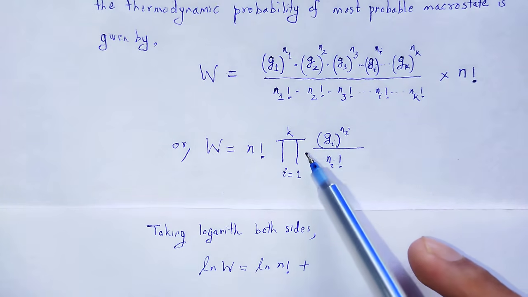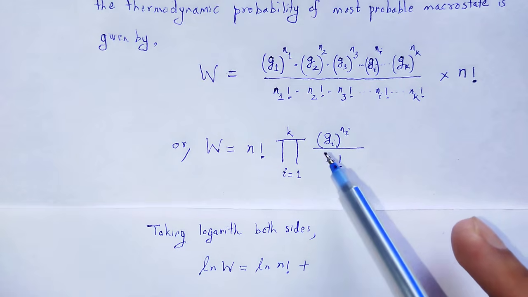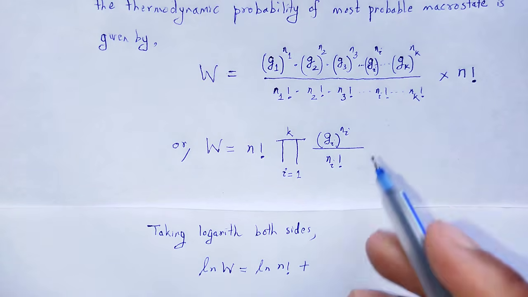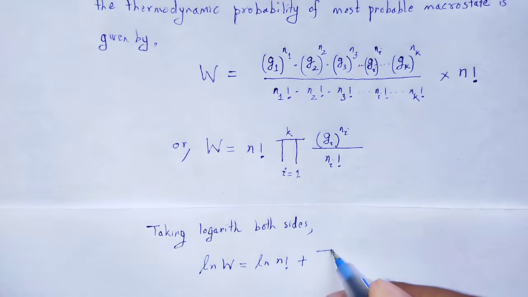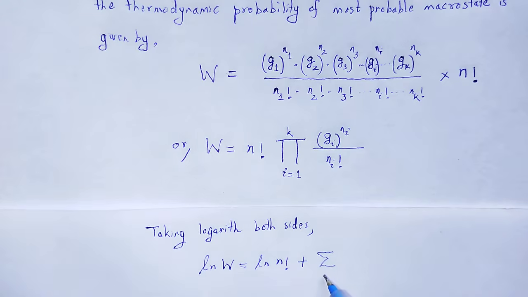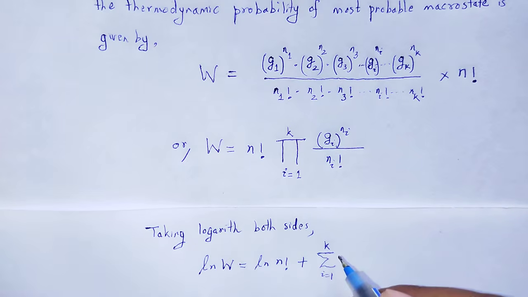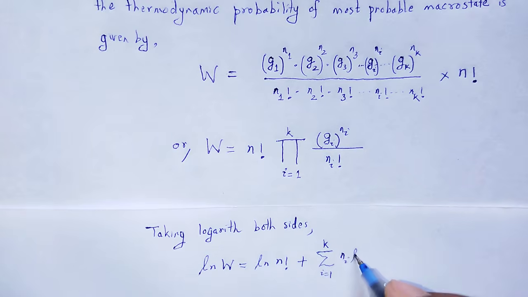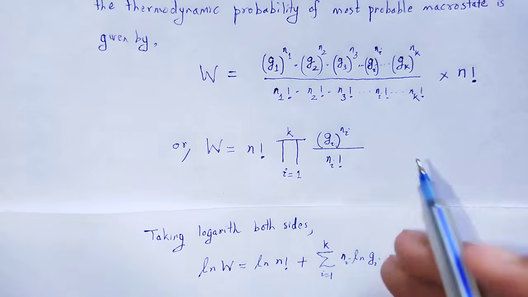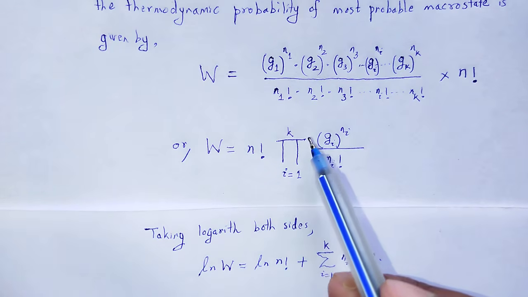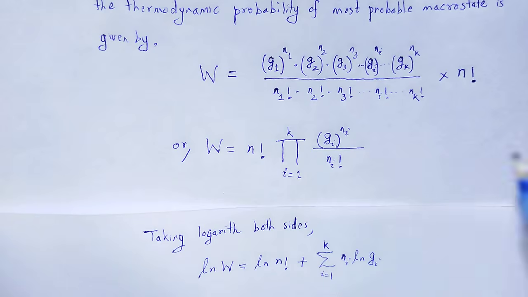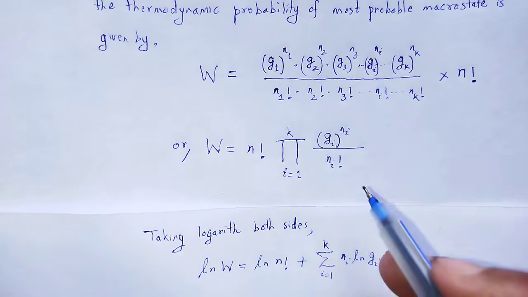Now this is ln A by B, ln A minus ln B. So that term is written as, it is changed to summation i equal to 1 to k Ni ln Gi, since ln A to the power n is n into ln A, that is the formula of logarithm.